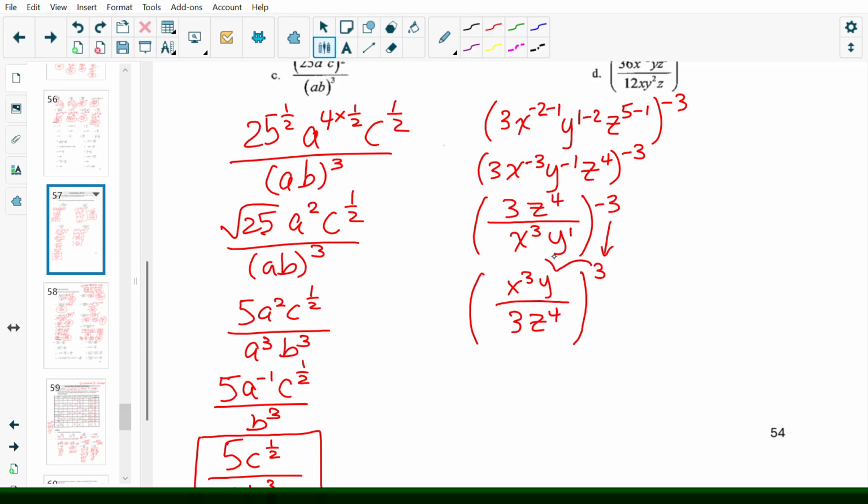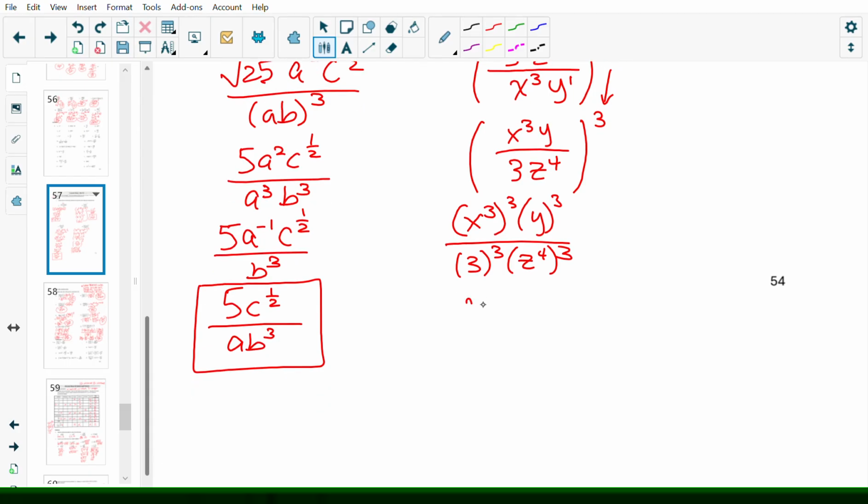Now let's apply this exponent 3 across every single term inside the brackets. So that's x cubed y cubed divided by 3 cubed z to the 4th cubed. That's x to the 9th y to the 3rd divided by 27 z to the 12th. Done. Yeah, there we go.